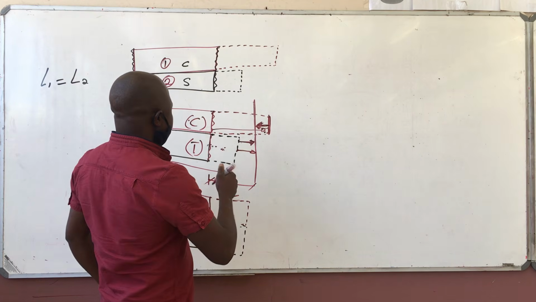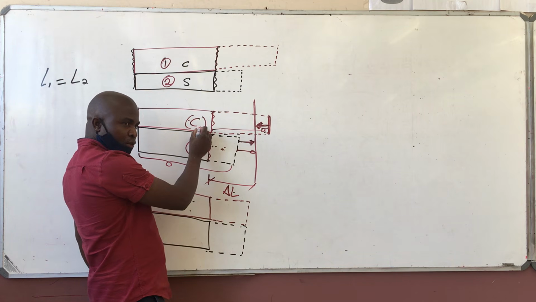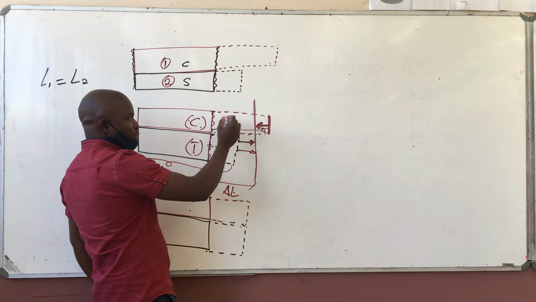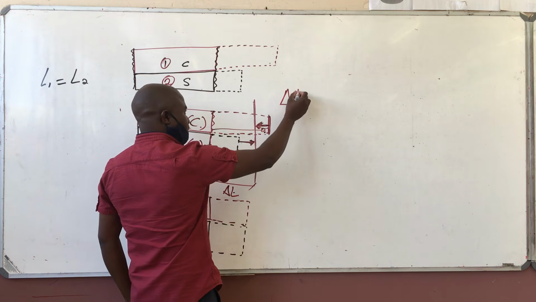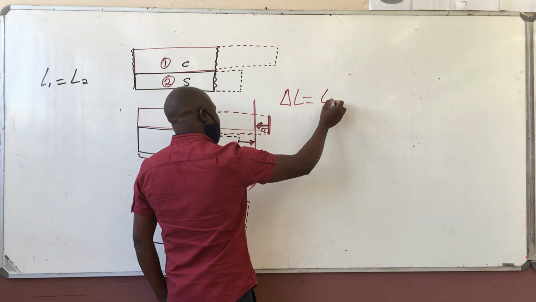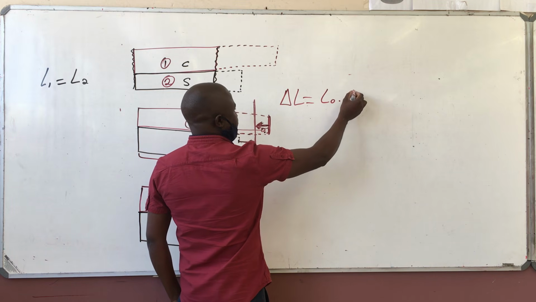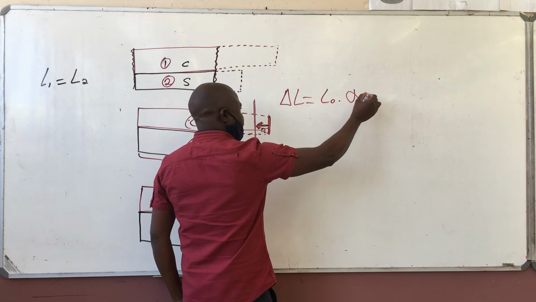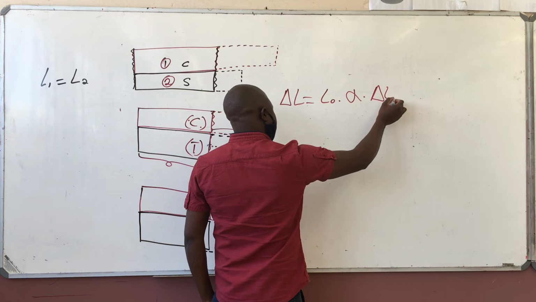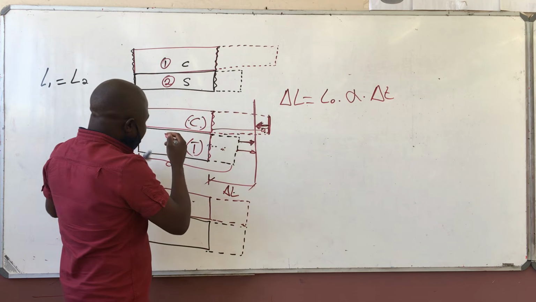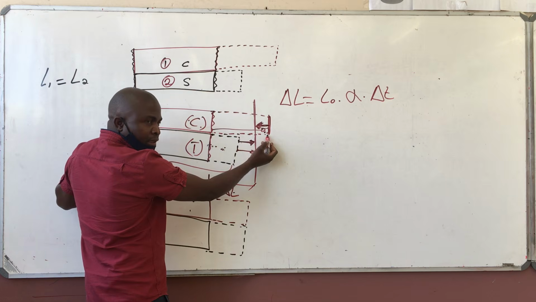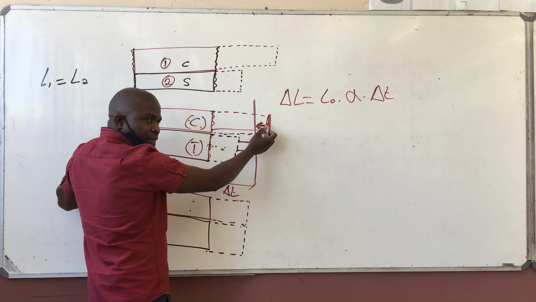So let us check here. We said this one was expanding freely, which is original length times coefficient of expansion times change in temperature. When it expands freely, it gets there.